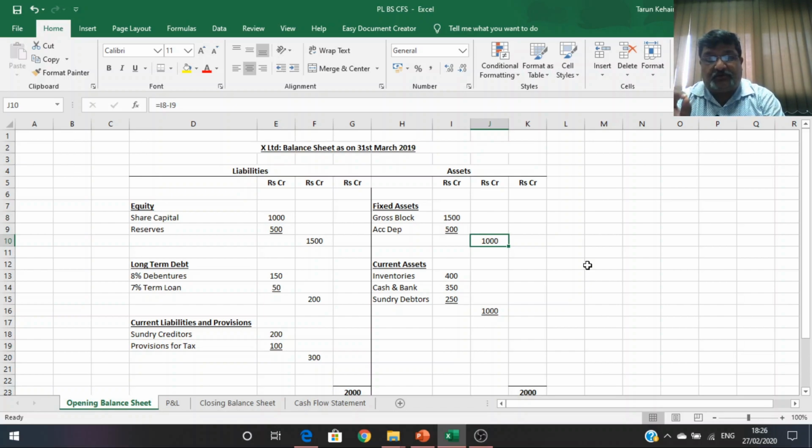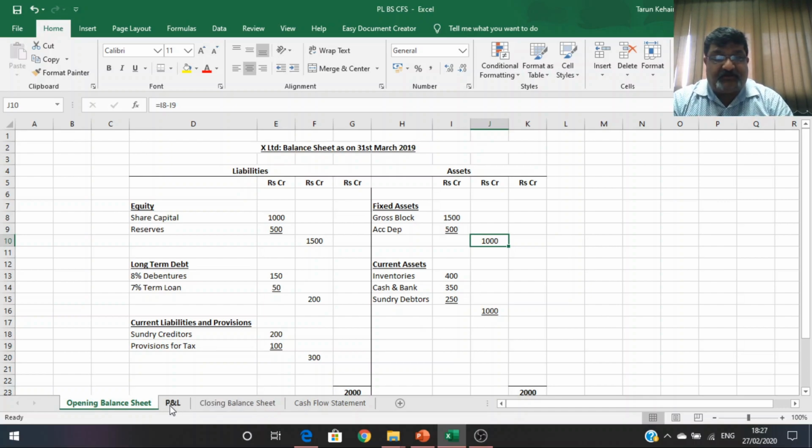Now 1000 crores is your WDV, and you actually get 800 crores with respect to this machine, which means you have incurred a loss on sale of the fixed assets of 200 crores. You have surrendered 1000 crores worth of machinery to the OEM, and the OEM has given you 800 crores in cash, right?